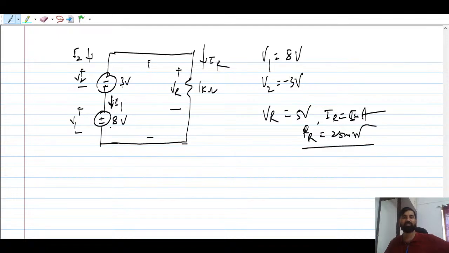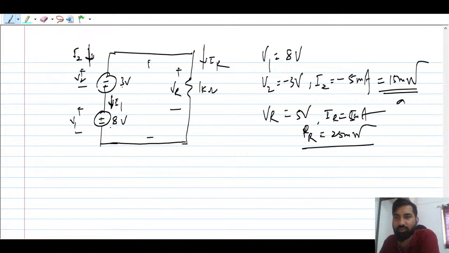Getting positive means power is going to be absorbed here. If the product is positive, the power is absorbed. Now I2 is the opposite of this current IR, so it is minus 5 milliampere, and the power is 15 milliwatt.